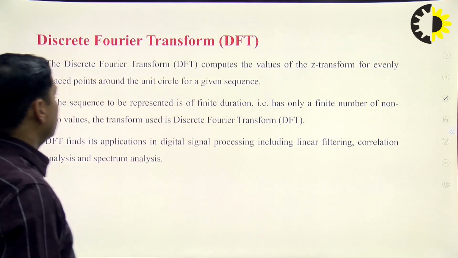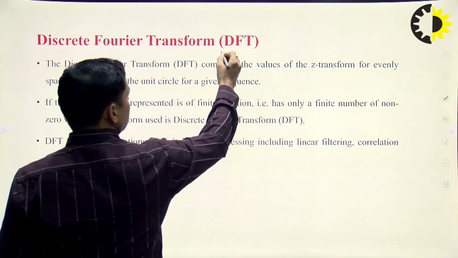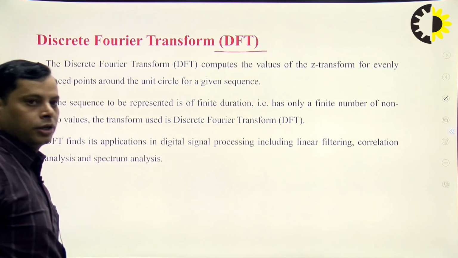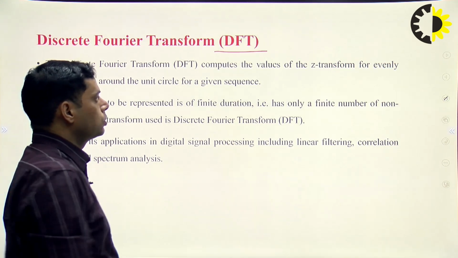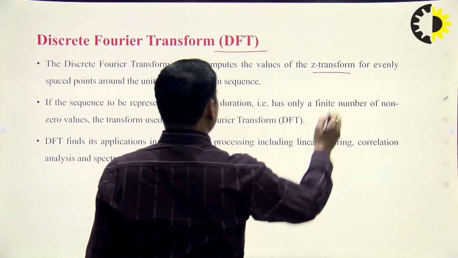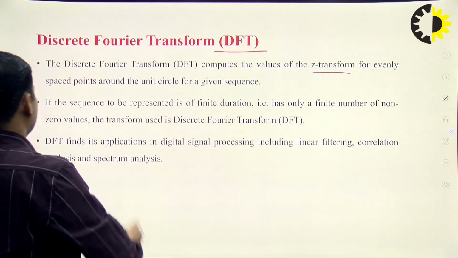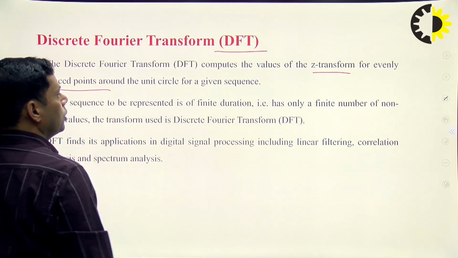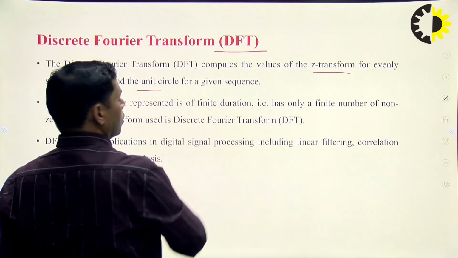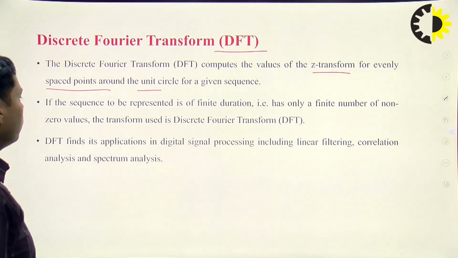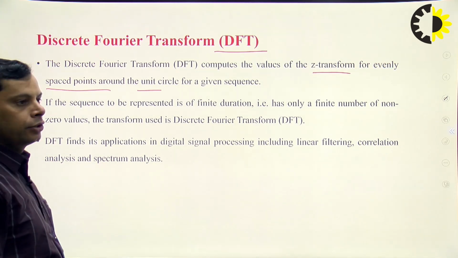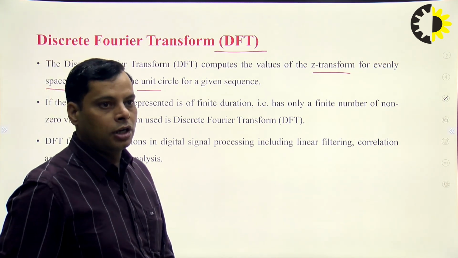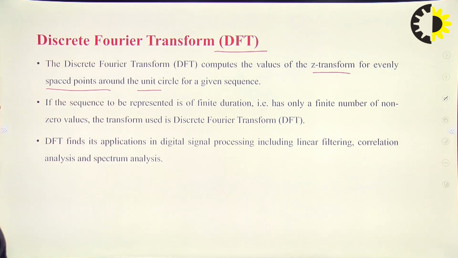So, the discrete Fourier transform is popularly known as DFT. The DFT computes the values of the Z transform for evenly spaced points around the unit circle for a given sequence, and if the sequence is of finite duration, that has only a finite number of non-zero values, the transform used is DFT.